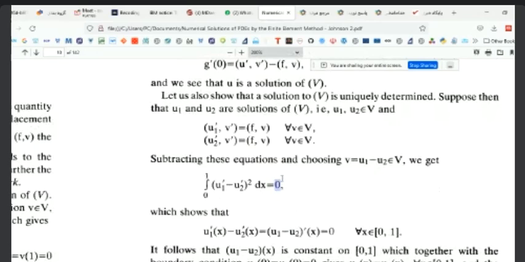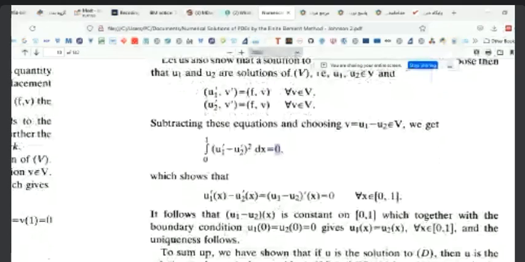And what we can say about U1 and U2 from this integral equation is that U1 prime x minus U2 prime x, the derivative of U1 minus U2 at x, equals 0, because the power 2 here shows us that the function U1 minus U2, or V, must be equal to 0 at all points in this interval.